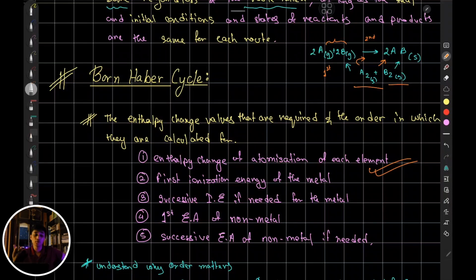I've already talked about atomization in the previous video, and you should know it from AS level as well. What atomization basically means is turning the element into a gaseous atom. So in Born-Haber cycles, you're going to see that at the beginning, the sodium and the chlorine are both turned into atoms.